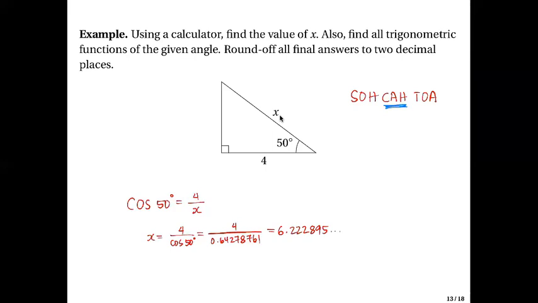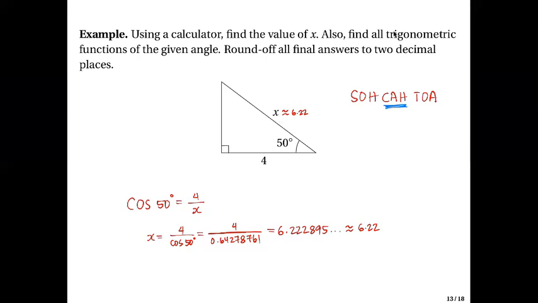And of course, to 2 decimal places, this is just 6.22. Okay? So this guy here is 6.22. Okay?